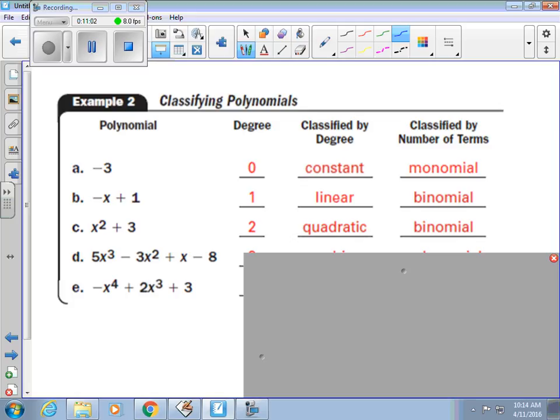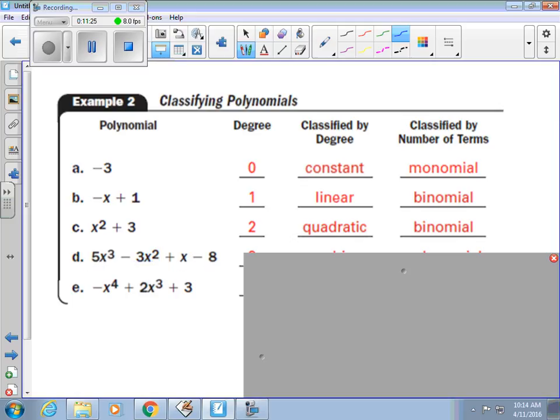How many terms are in this next one? Yeah, it's 4. Remember, they're separated by addition and subtraction. I can count 1, 2, 3, 4 of them that are separated. So when we go above 3, remember I gave you the definitions for monomial, binomial, and trinomial. I didn't give you one for four of them. It's a quadrinomial, I guess you can call it.